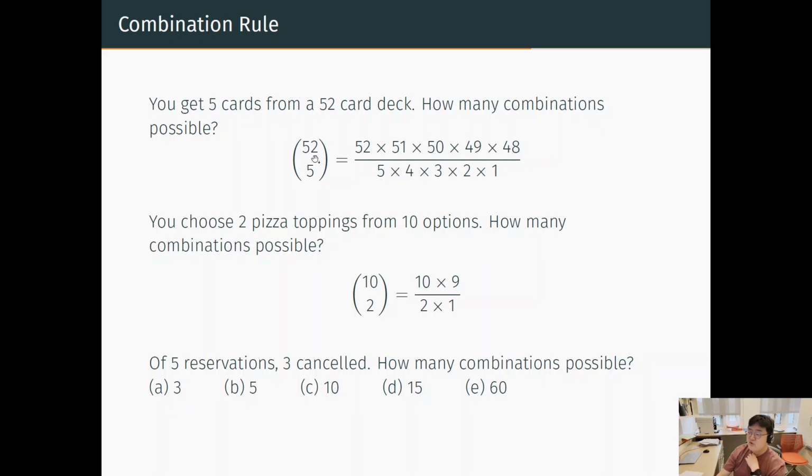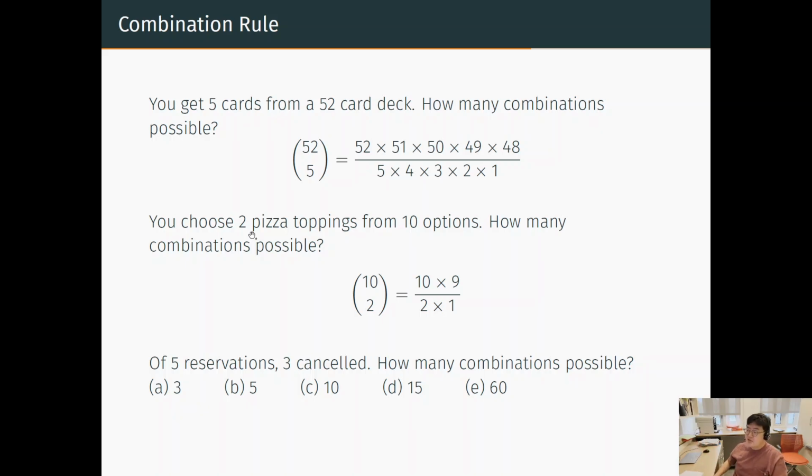For 52 choose 5, according to the combination rule, the numerator starts from 52, the denominator starts from 5 down to 1. There are 5 numbers multiplied in the denominator, so you have to multiply 5 numbers in the numerator too: 52, 51, 50, 49, 48. So the same number of numbers are multiplied in both the denominator and numerator. That's the rule. Another example.